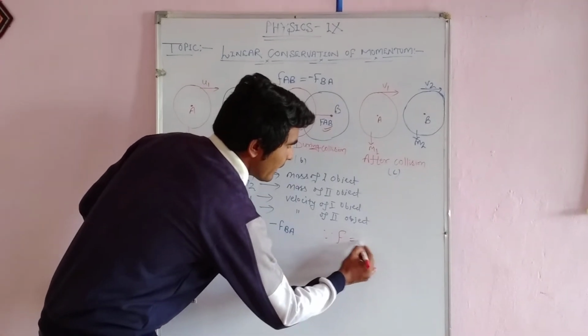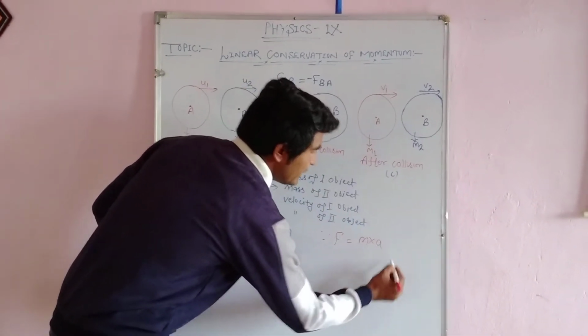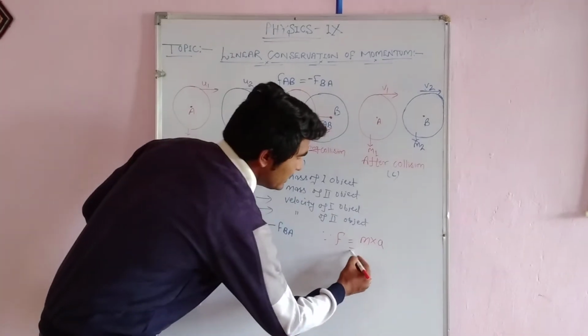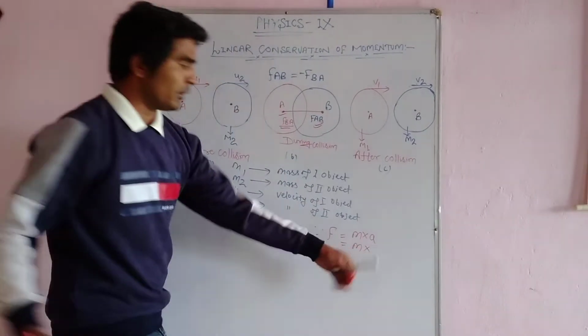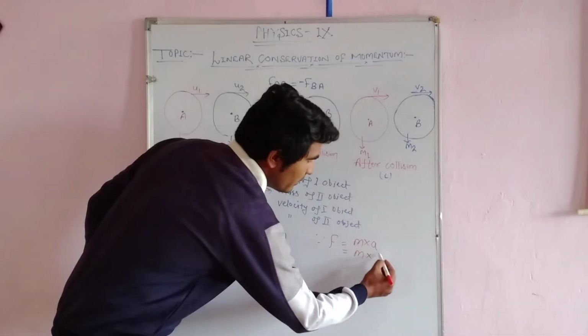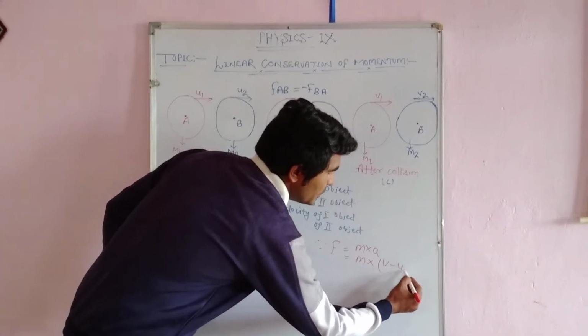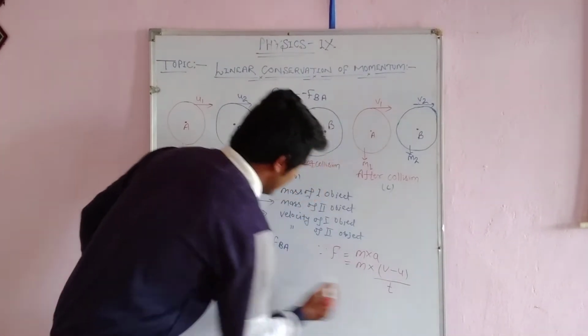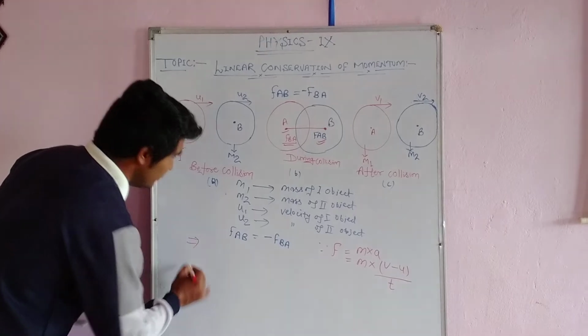Now since we know that force is equal to mass into acceleration, and acceleration means change in velocity, in place of acceleration we will put v minus u upon t. Now listen carefully.